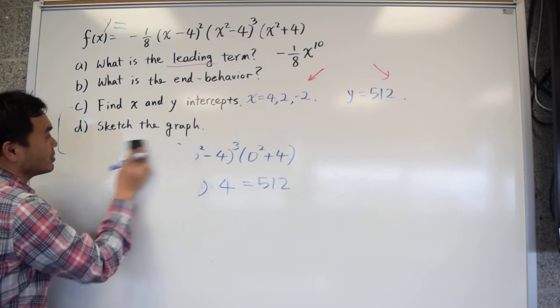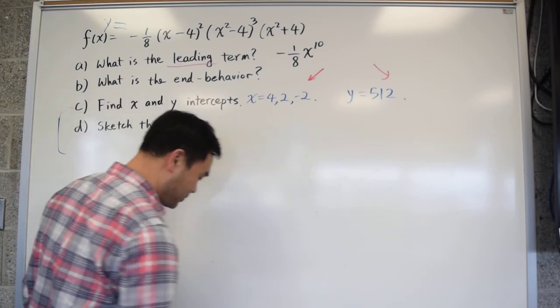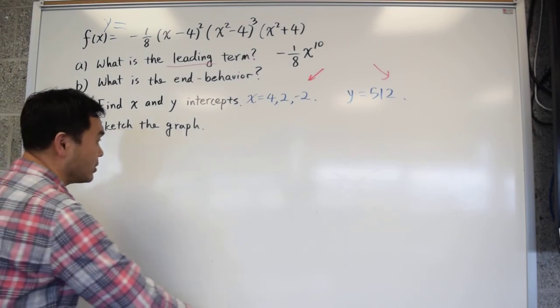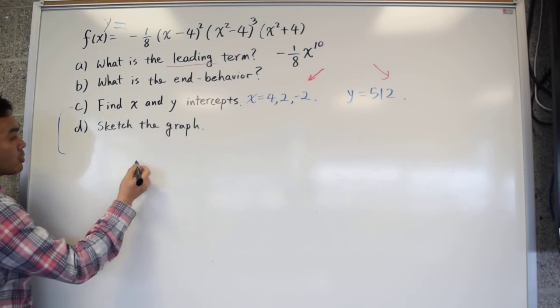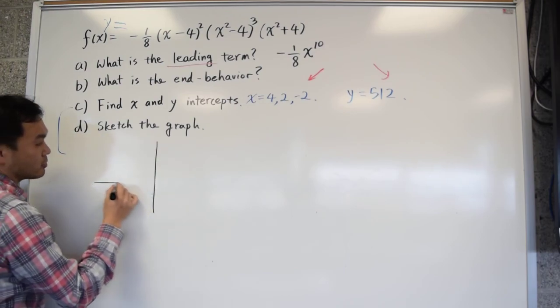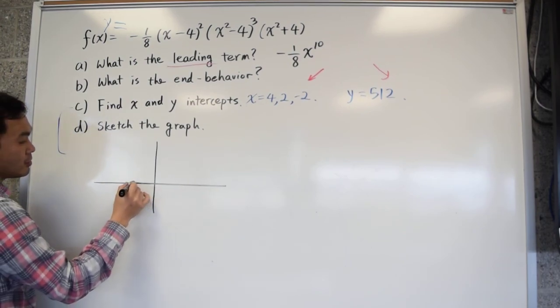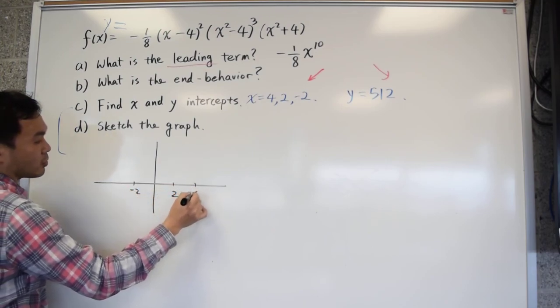All right. Okay, now we have to sketch the graph. To sketch the graph, we first write down where it should pass. Let's say this is negative 2, that's positive 2, and this is 4.